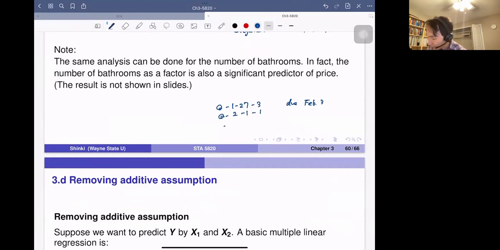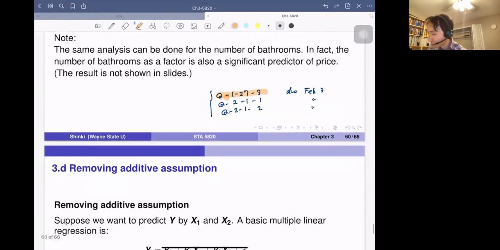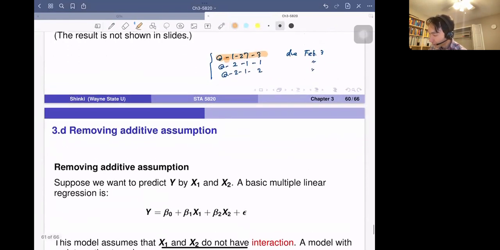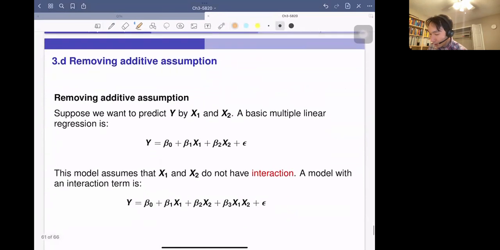So we have 3 quizzes basically. One is named 127.3. So just be careful not to miss this.